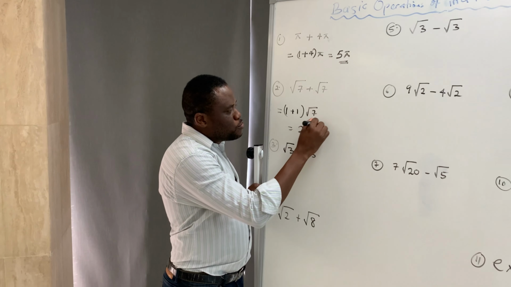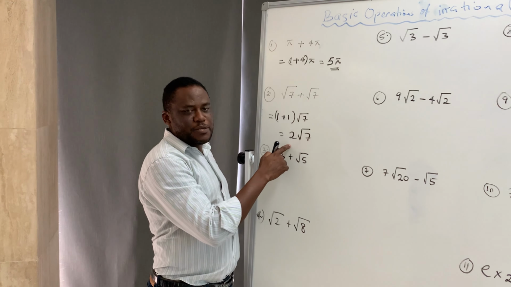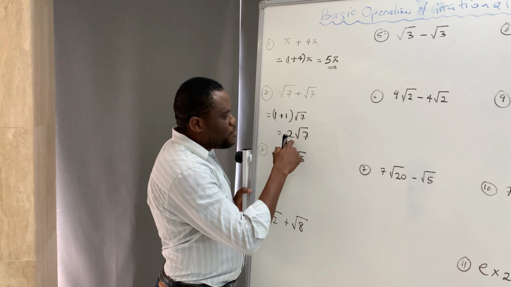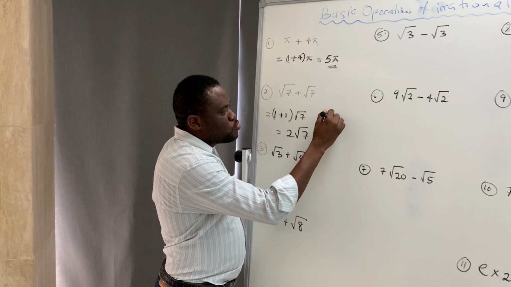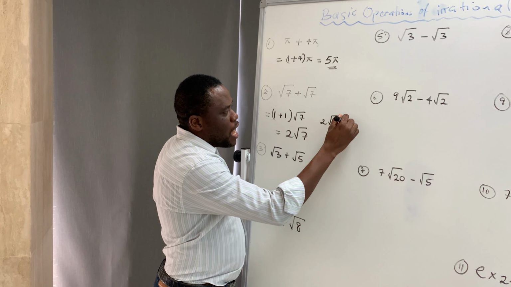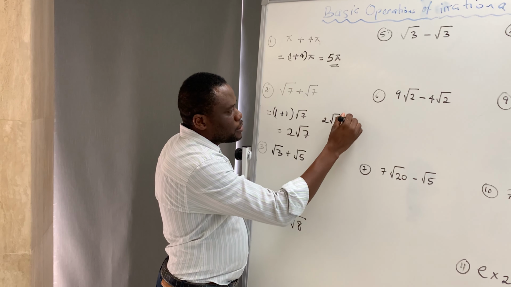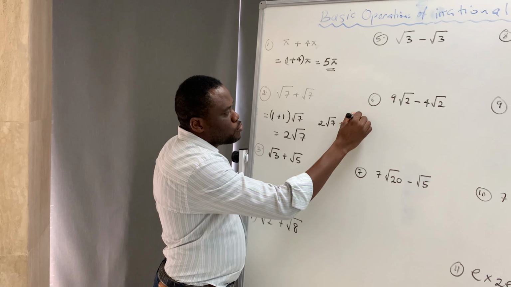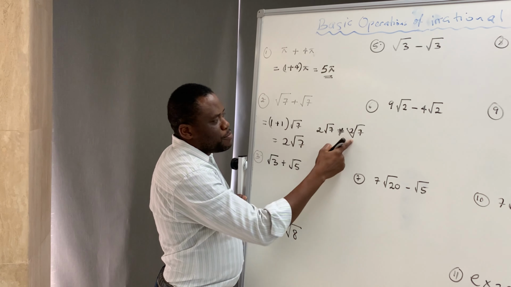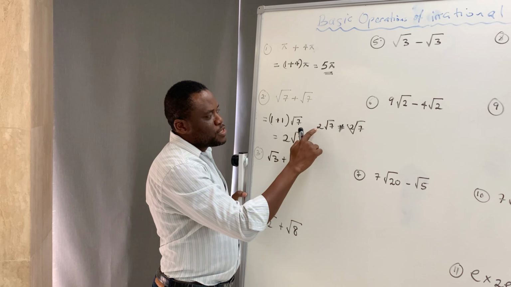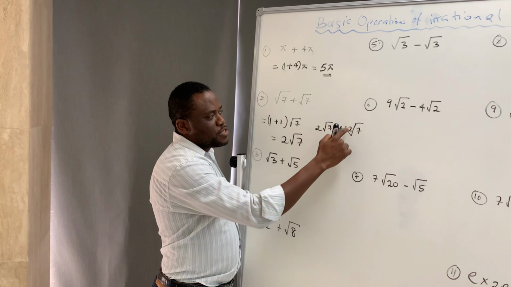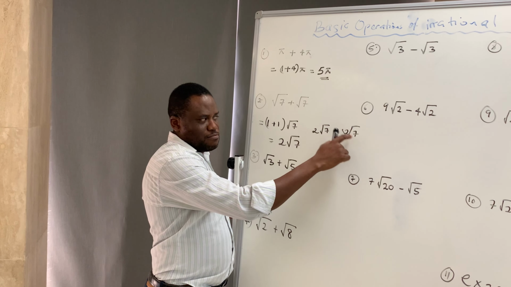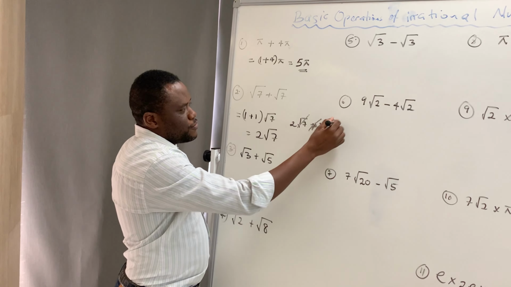So we have 2 root 7. Please be careful. There is a difference between 2 root 7 and 2 of 7. This one means 2 times root 7. This means square root of 7. Be careful of this one.